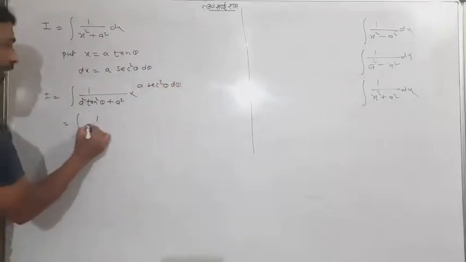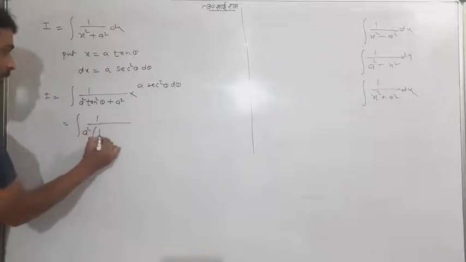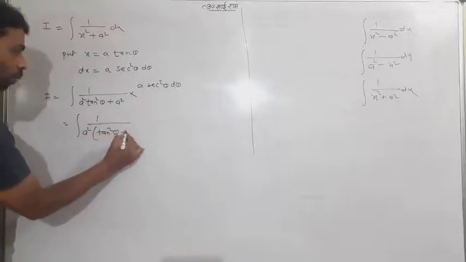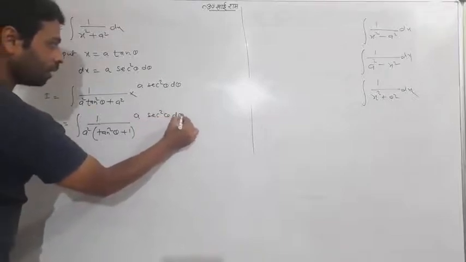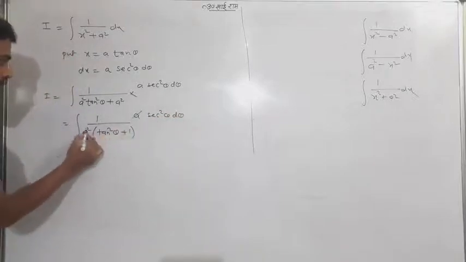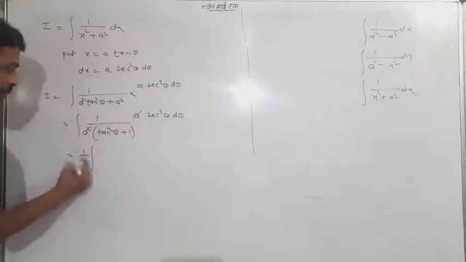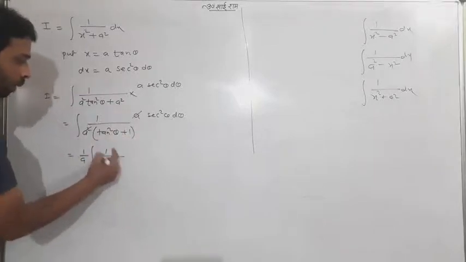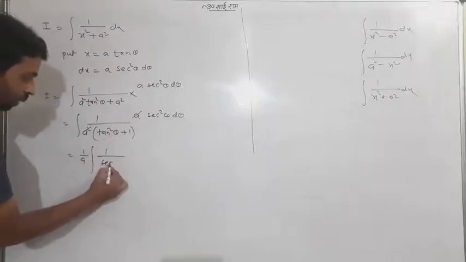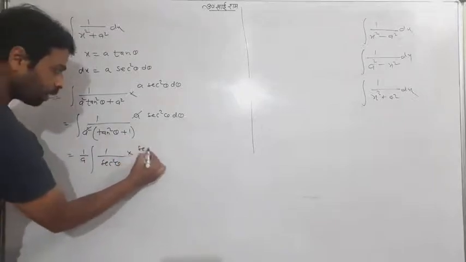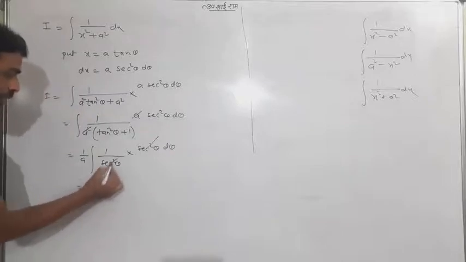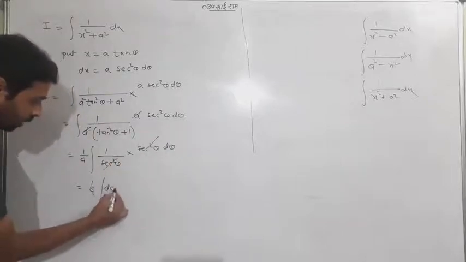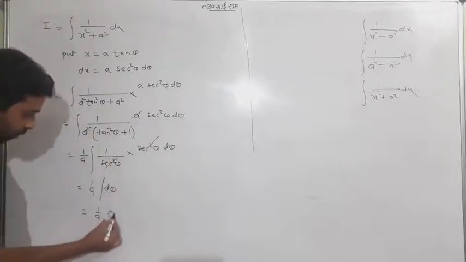Then take out a square common: tan square theta plus 1, and a sec square theta d theta. What will come? A and a cancel, a will come outside, it's a constant value. 1 upon tan square theta plus 1 is sec square theta, so sec square theta into sec square theta cancels, and only d theta is remaining.